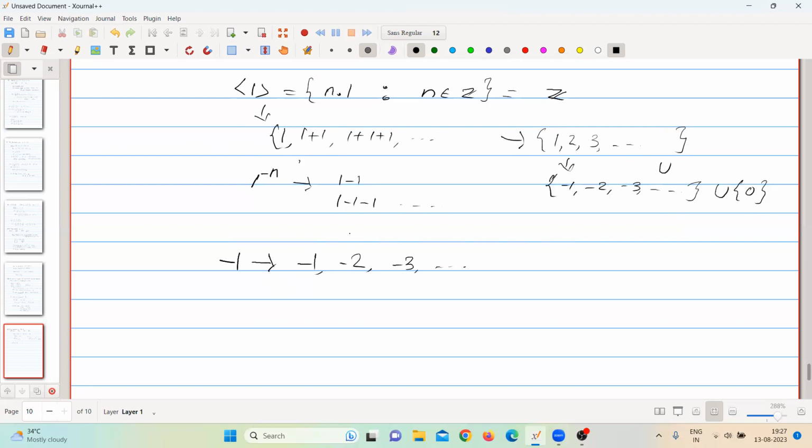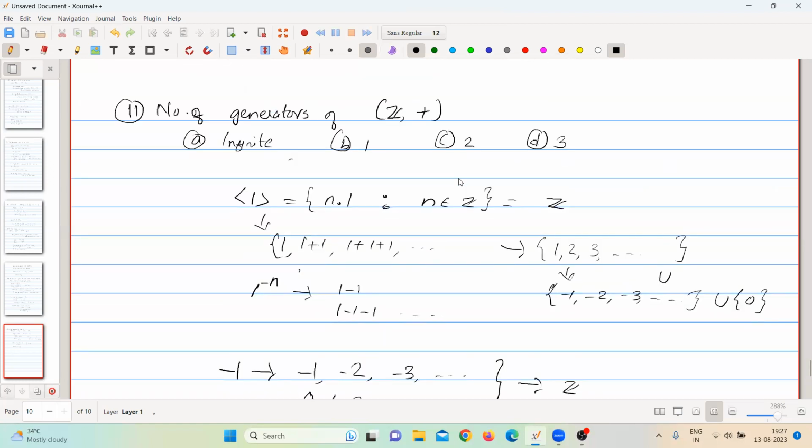On the other side, minus 1 minus minus 1 gives 0, and we get 1, 2, and so on. So all these elements contribute to Z. That means the generator minus 1 also gives Z. Clear?